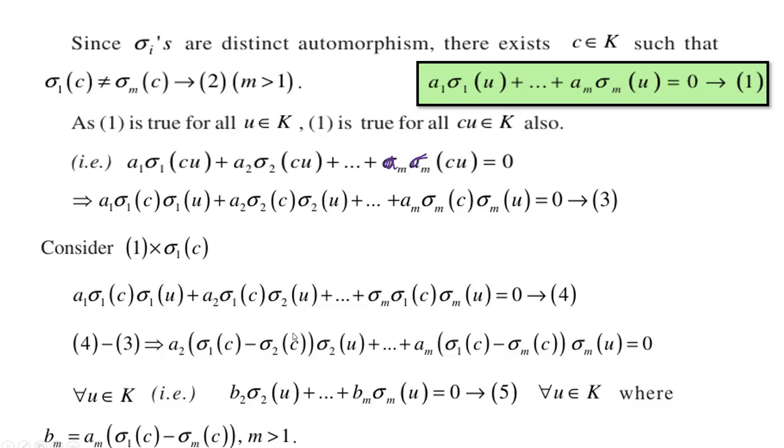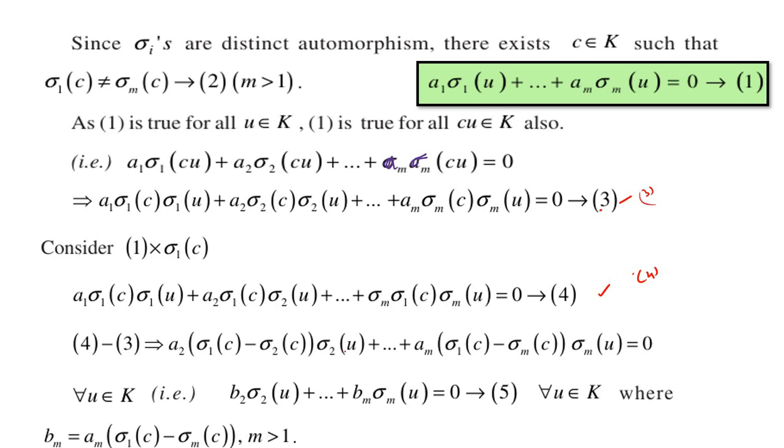Name that as 4. And already you have equation 3 in which the first term is a1 sigma 1c sigma 1u. So when you subtract, that term will go, and what remains is, when you consider multiplying equation 1 by this, that is what you have as 4. So 3 minus 4, we are subtracting.